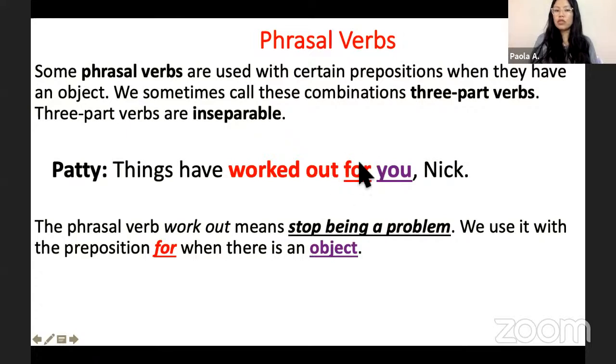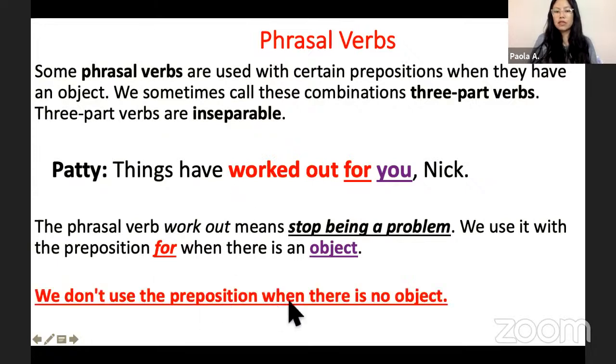In this case, it's inseparable, because at the end, we mention the object or the person, or the noun, if you want to call it. So we don't use the preposition when there is no object.